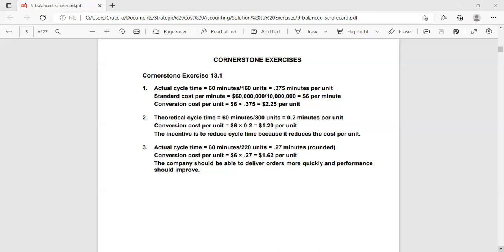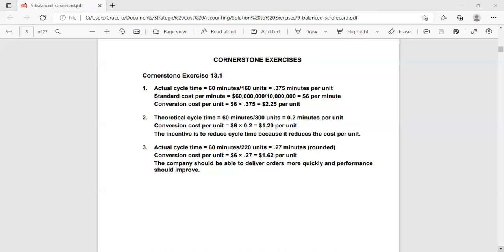Conversion cost per unit is $6 multiplied by 0.27, which is $1.62 per unit. The company should be able to deliver orders more quickly and performance should improve.